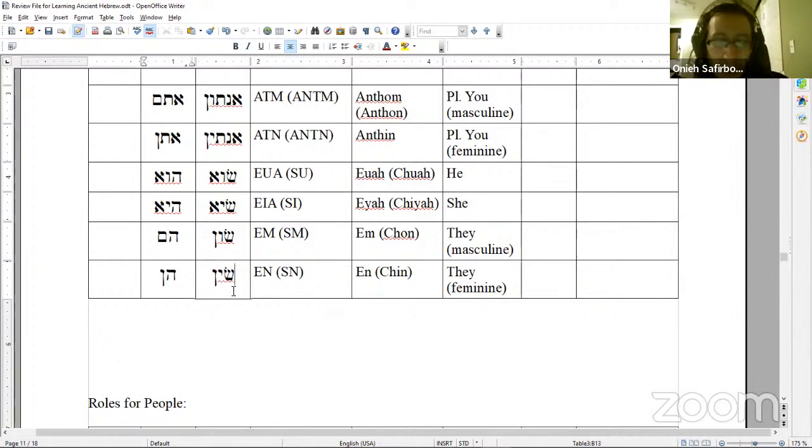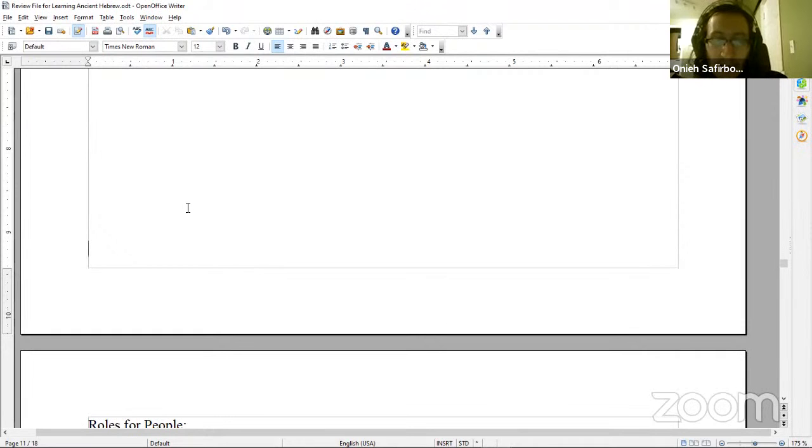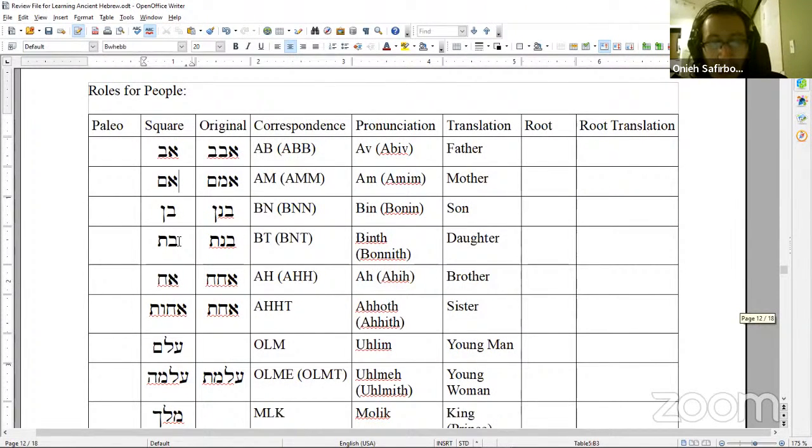And we got roles for people. And that's Av, his father, comes from Aviv. Am, his mother, comes from Amim. Bin is son, it comes from Banin. Binth becomes Bath, but that's originally from Banith, means daughter.